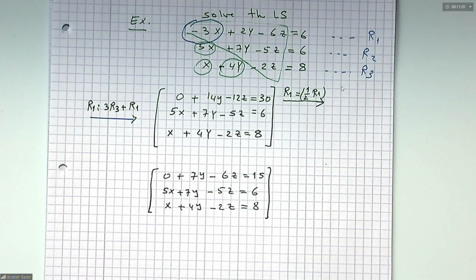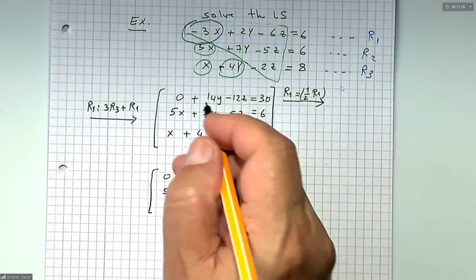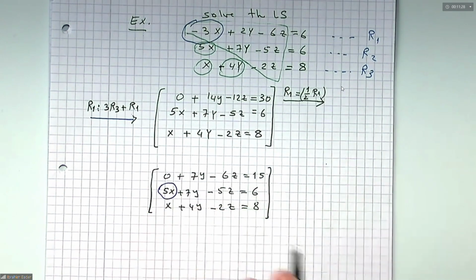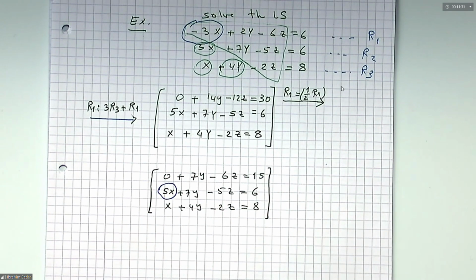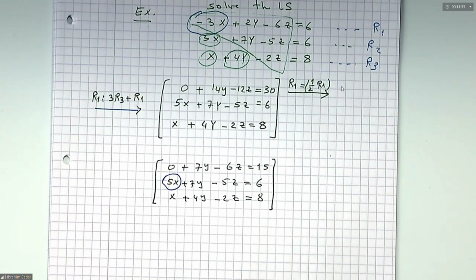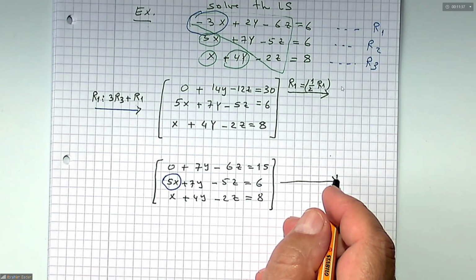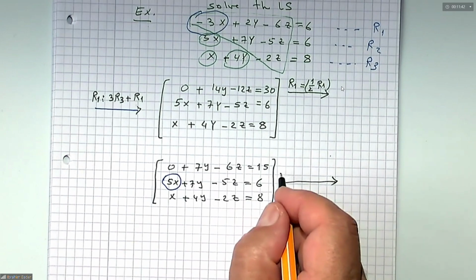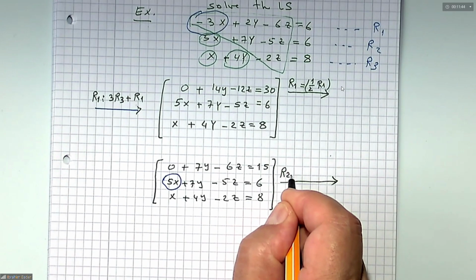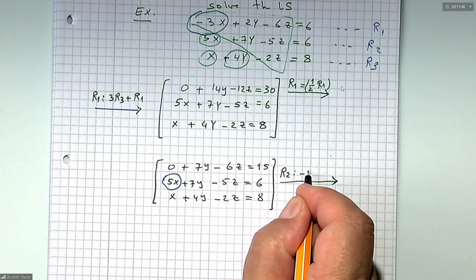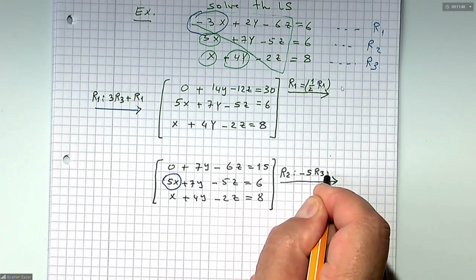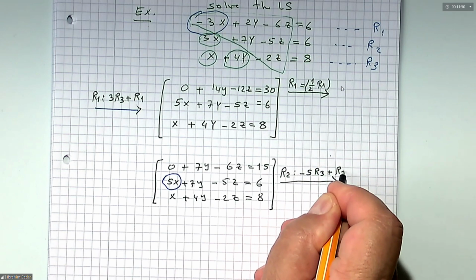Now I will try to get rid of this 5x here. Get rid of this 5x. What to do here is multiply this row with minus 5, so R2 will be replaced by minus 5R3 plus R2.